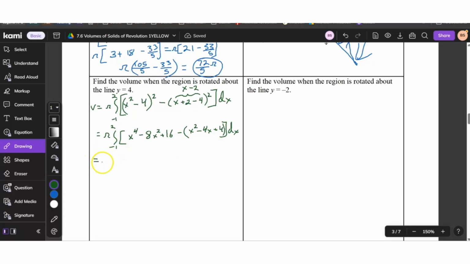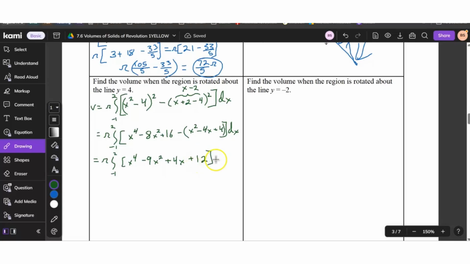Yes. Right? So I've got x to the power of 4. Negative 8x squared minus x squared is negative 9x squared. Minus negative 4x is plus 4x. And then 16 minus 4 is 12.